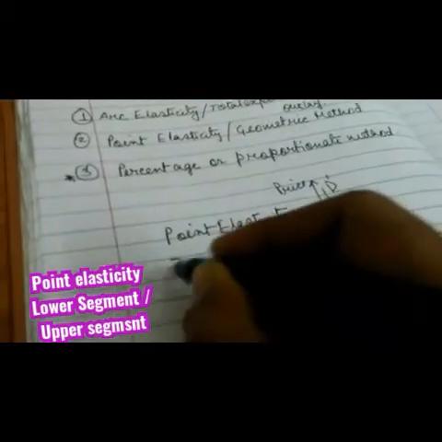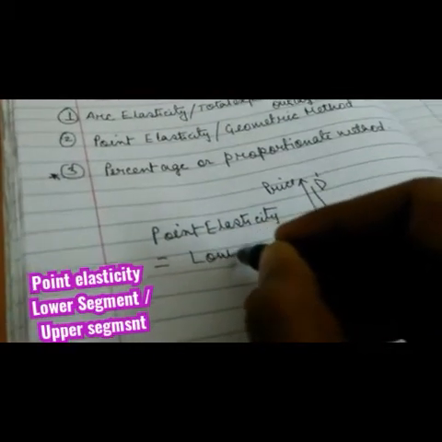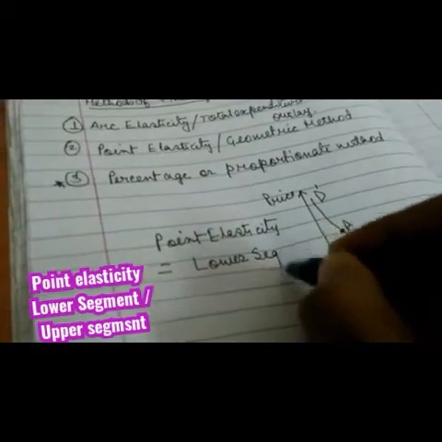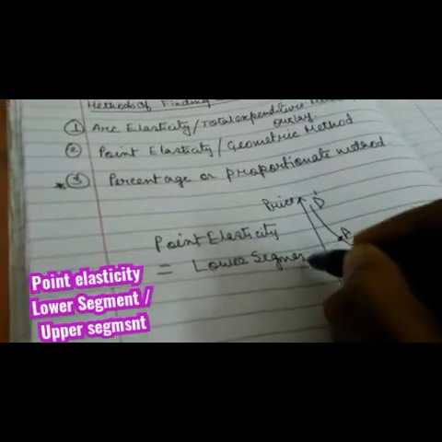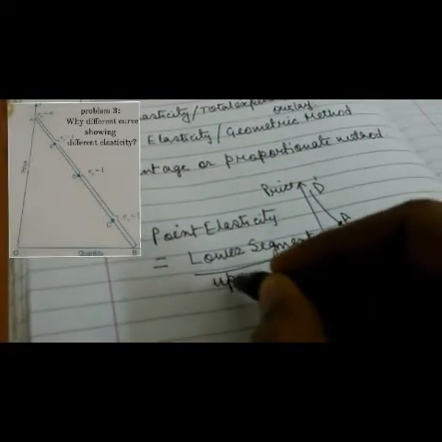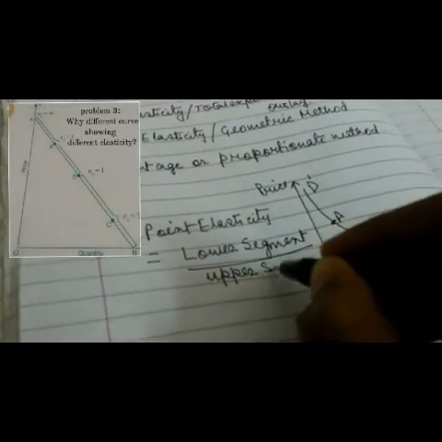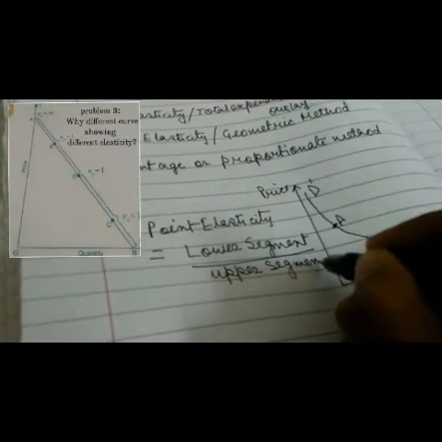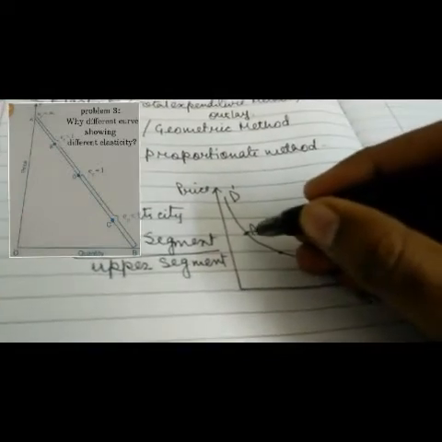the formula is lower segment divided by upper segment. You must be wondering what this is all about. So now let's see, the lower segment of A is AD and the upper segment of A is AD dash.